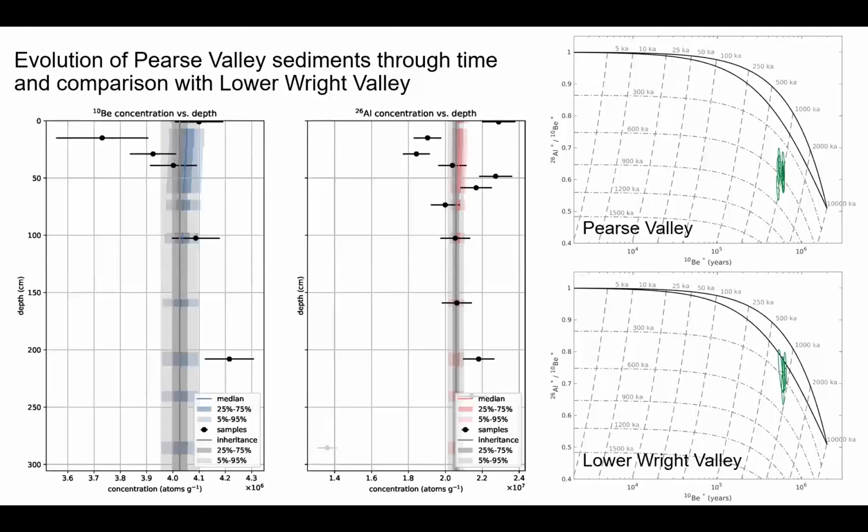which is much younger, and it's effectively a uniform concentration that isn't really any different from the inheritance. But what it illustrates is that the deposits are young, but the sediments are old. Our two isotope plots of Pierce Valley and Lower Right Valley both show exposure-burial histories of 1.2 million years.